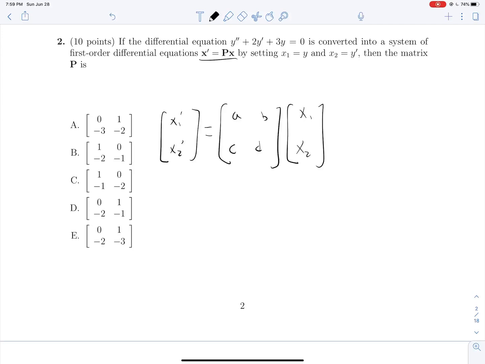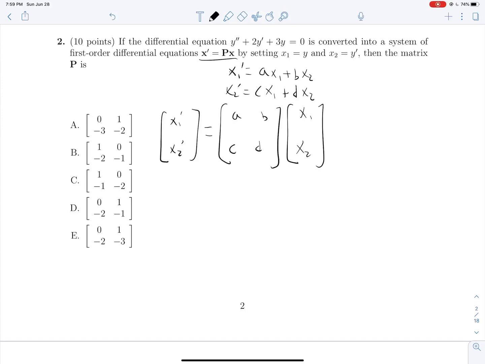And if we were to rewrite this even further, this is the same thing as x1 prime is equal to a x1 plus b x2, and x2 prime is equal to c x1 plus d x2, little d. There we go.